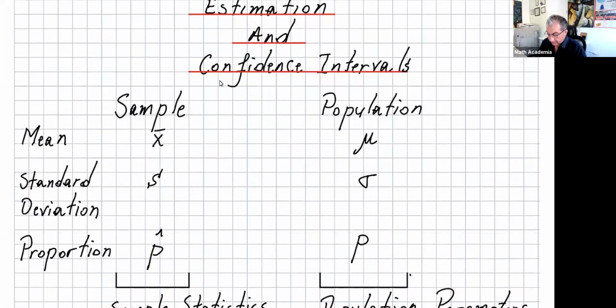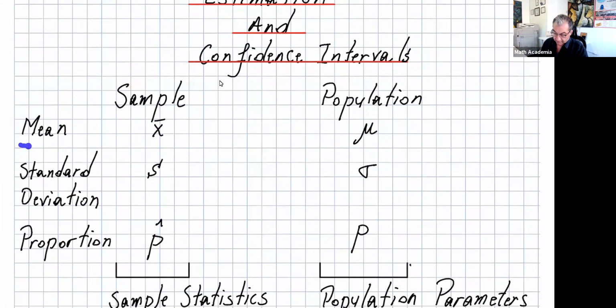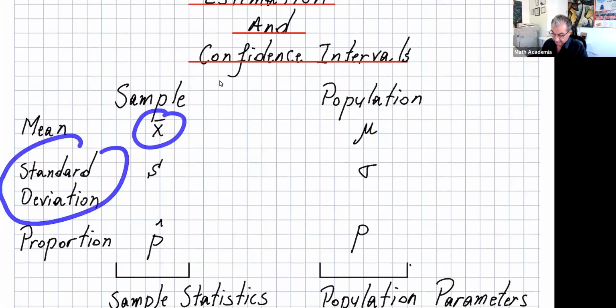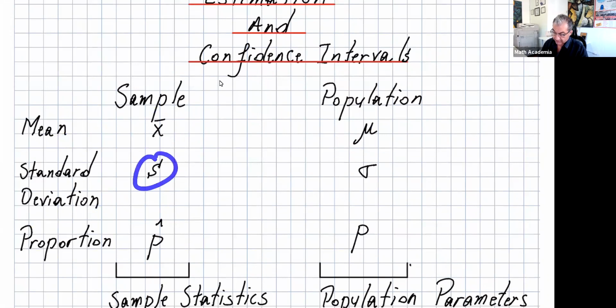Now we have learned so far in statistics, we have sample and we have population. So we said the mean, if it's the mean of a sample, it's x bar, the standard deviation is denoted as S, and the sample proportion is just percentages.